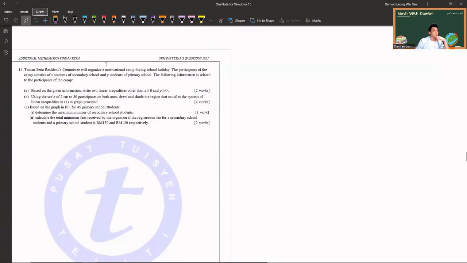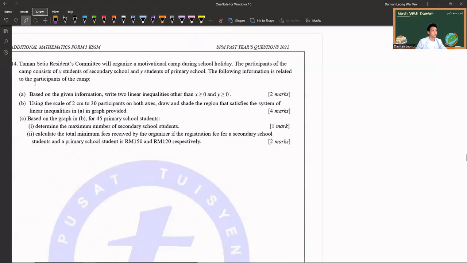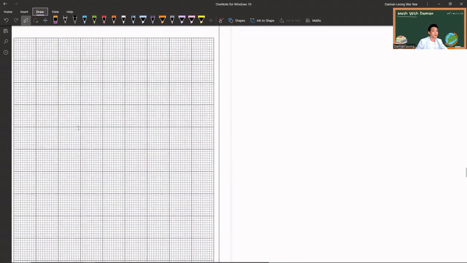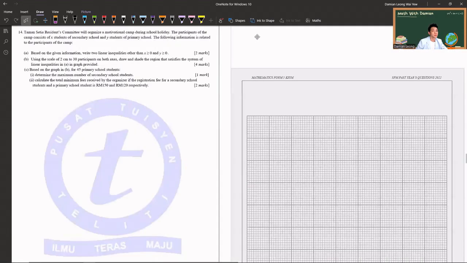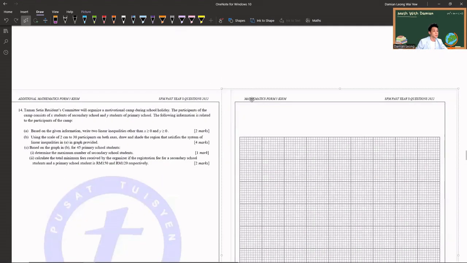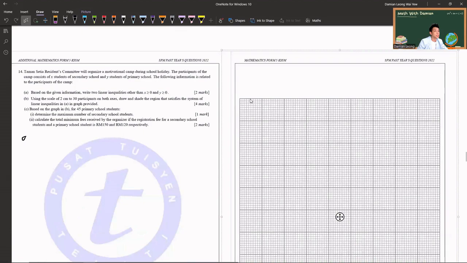Then question 14. Also, we have to deal with a graph. Okay, the linear inequality graph. So first, I want to write the two linear inequalities based on the question. So based on the given information, write two linear inequalities other than x more or equals 0 and y more or equals 0.